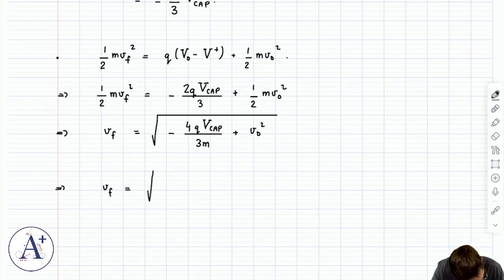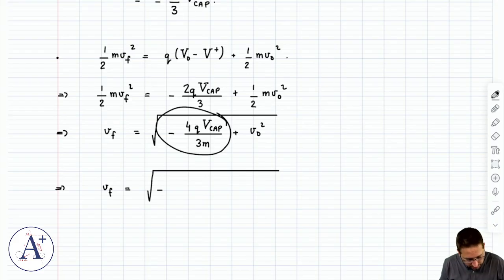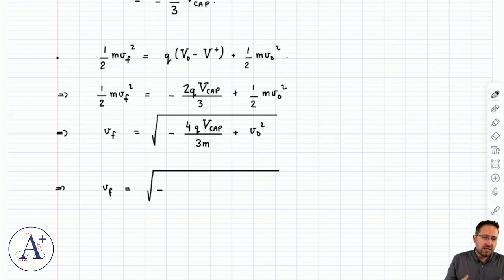And we can do better than that because we have all the values we need to compute this thing. Okay, so careful, remember that q is negative, right? So this is actually a positive quantity, which makes sense. V final should be bigger than v0 because you're speeding up as you move toward the right plate. All right, so this is 4 multiplied by q is minus 3.